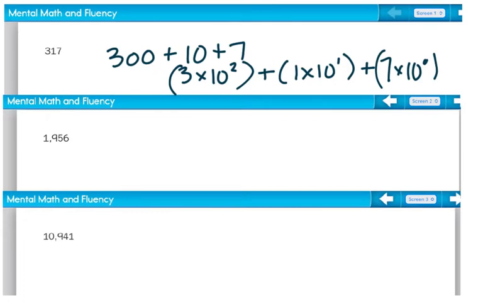So I want you to do the next two different ways. So use exponents. That will help you. So please do number 1 and number 2, and I've done number 1 as an example for you, the 317. So go ahead and write these in expanded form 2 different ways.